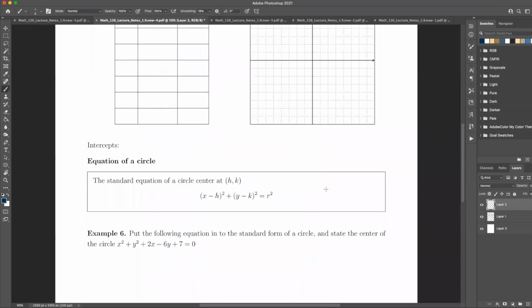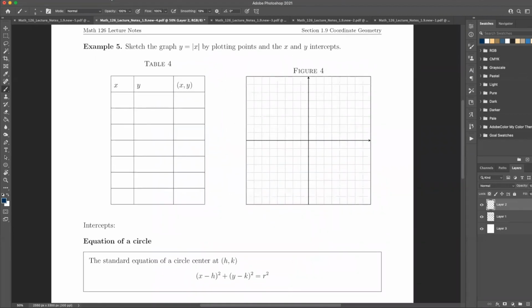All right, so let's do this one quickly. The absolute value of x. We're going to do 3, 2, 1, 0, -1, -2, -3.